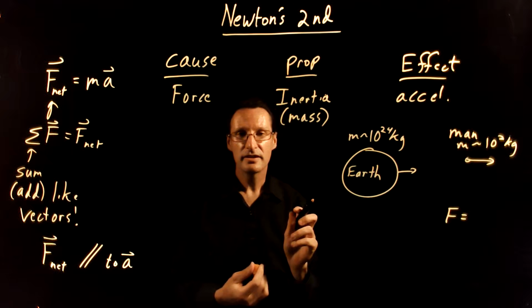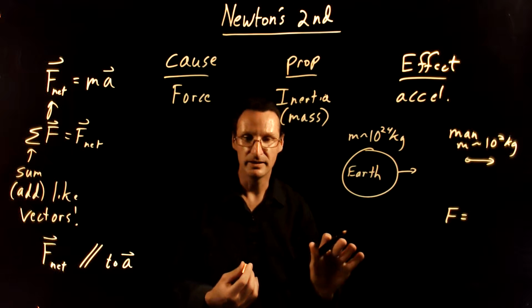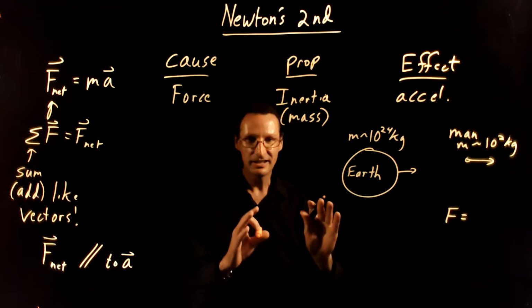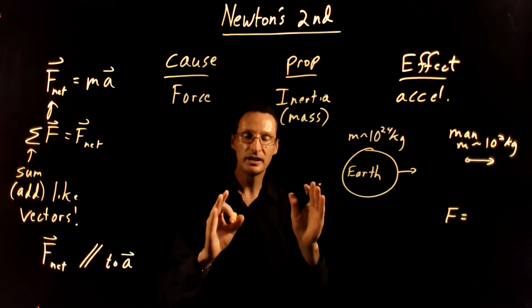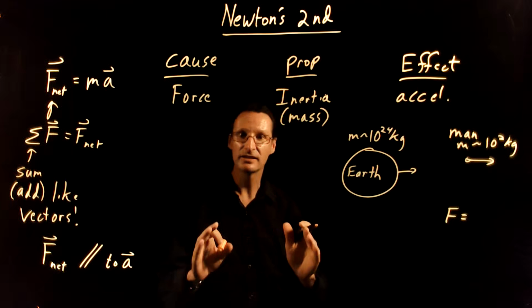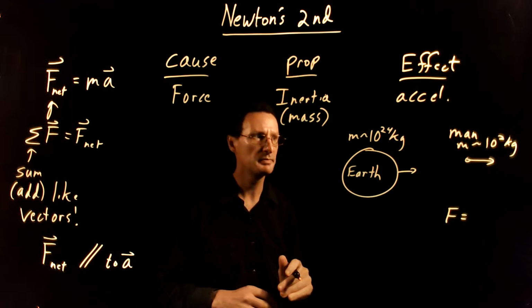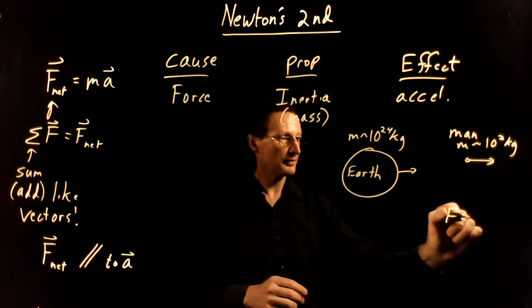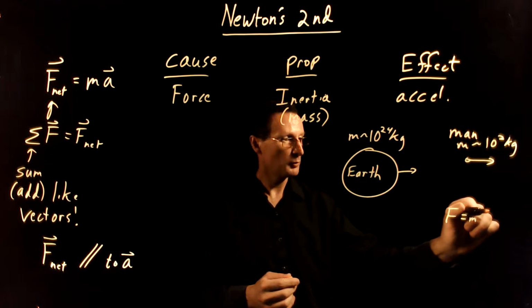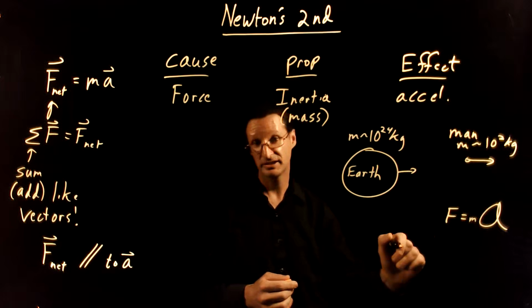So this is a little bit bigger than the mass of the man. Specifically, it's 10 to the 22 times bigger. So let me just be clear about what that is. That's 10,000 million times bigger than the mass of the man. So if we take the mass of the man, we're going to get a pretty big acceleration out of that.